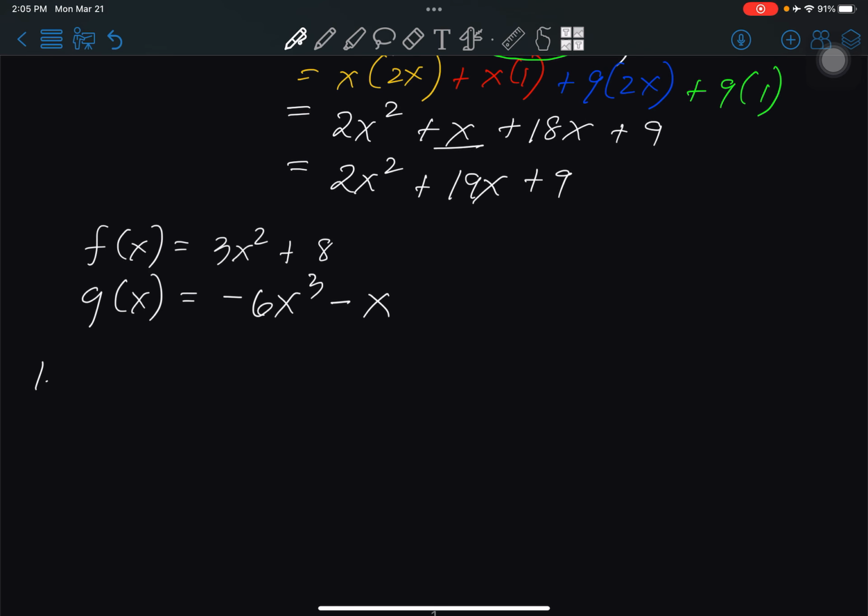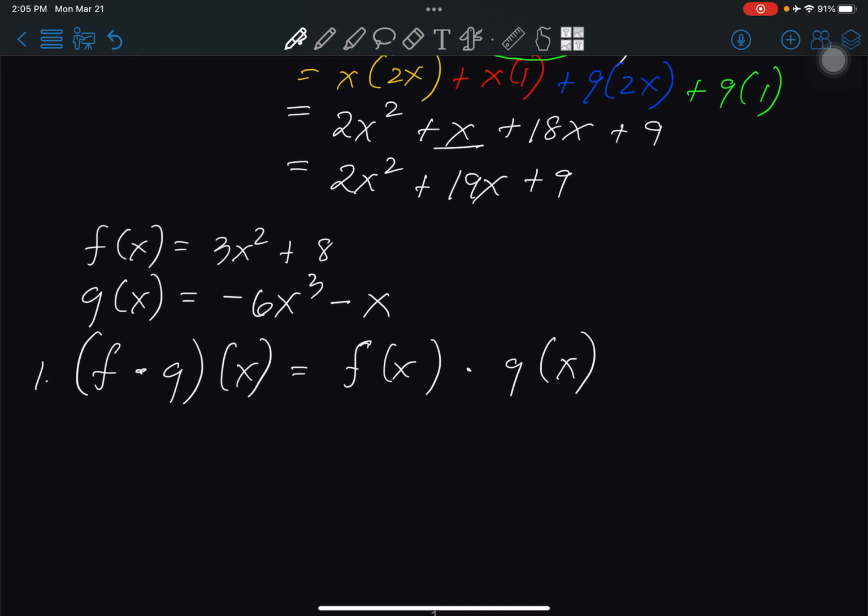And we are going to find out the value of, let's say, the product of f and g of x. Based on our first example, we can express this as the product between f of x multiplied by g of x. Okay?